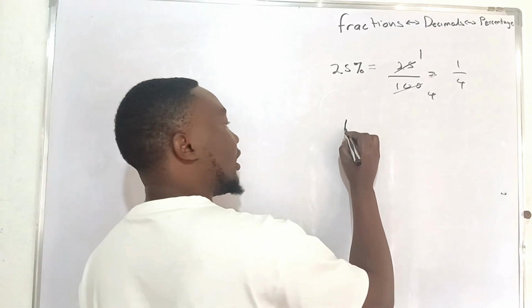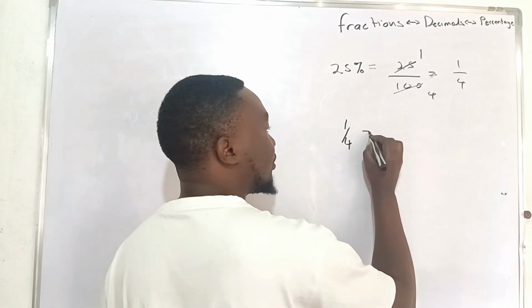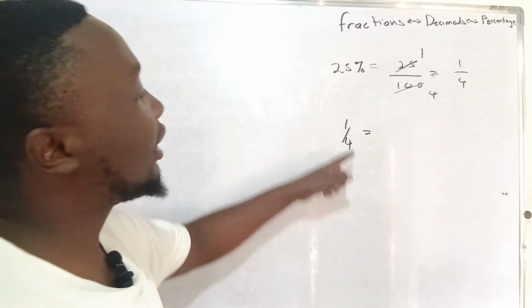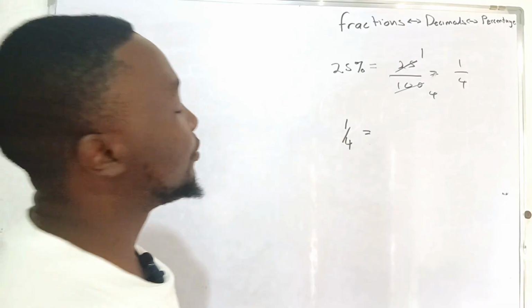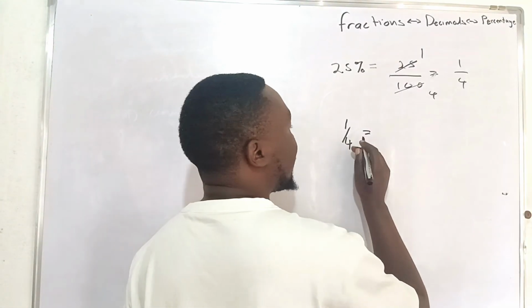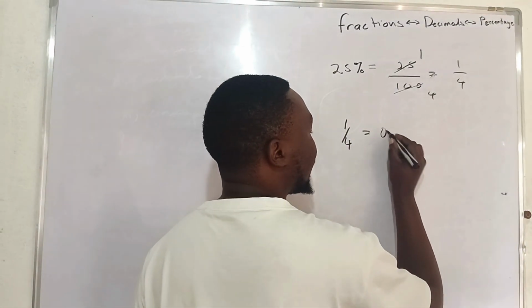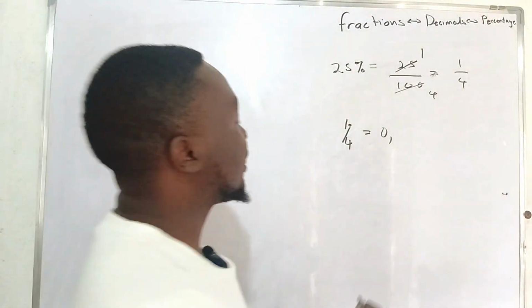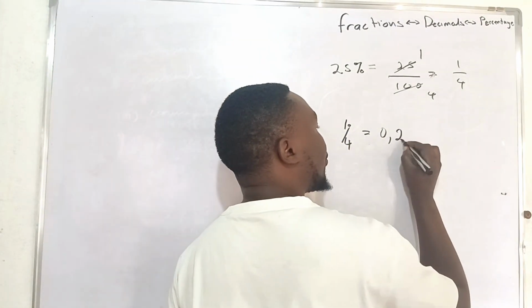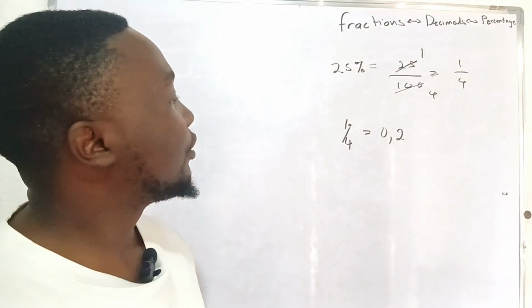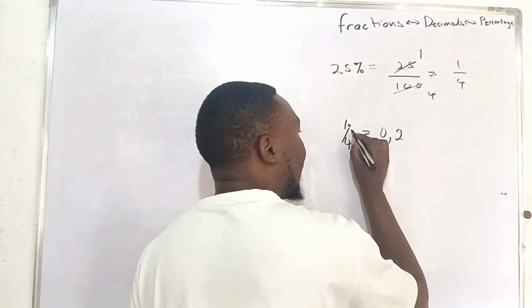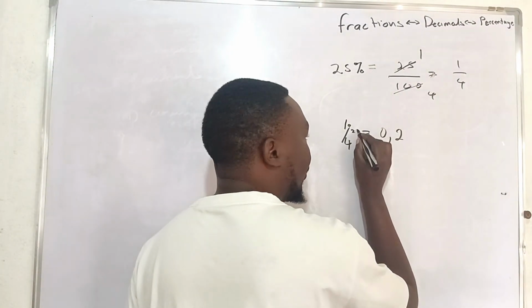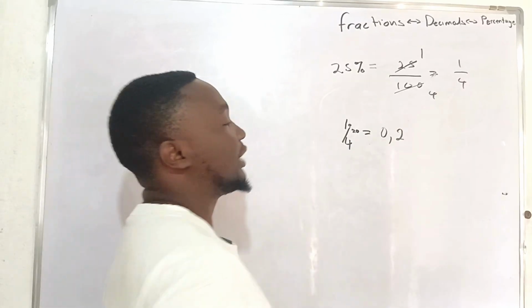So we have 1 over 4 equals to, so remember we divide the numerator with the denominator. So we say 4 into 1, 0, comma, we add the small 0 here. 4 into 10, we have 2. And there is a remainder 2 here. We also add a 0 to the remainder.